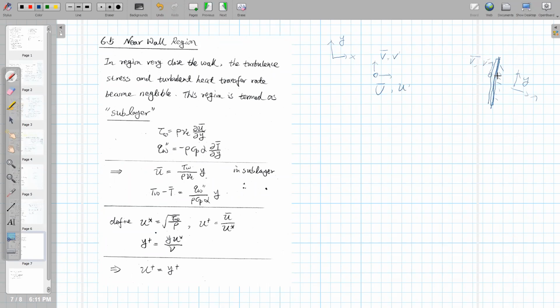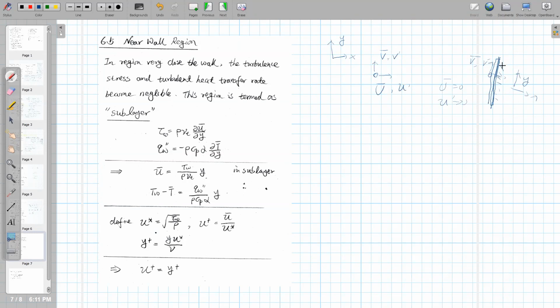But on the x direction, this u average will go to 0, because it's very close to the wall in the boundary layer due to viscous effect. And u prime, this fluctuation, is also going to 0, because you have a physical obstacle here that stops this particle from moving randomly in the x direction.